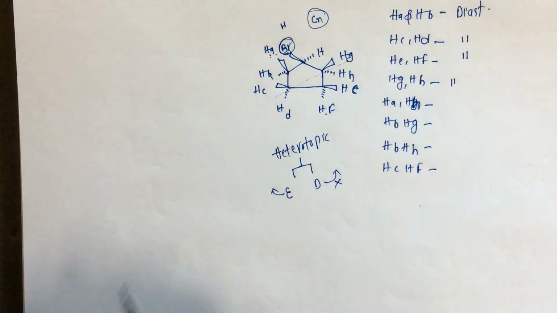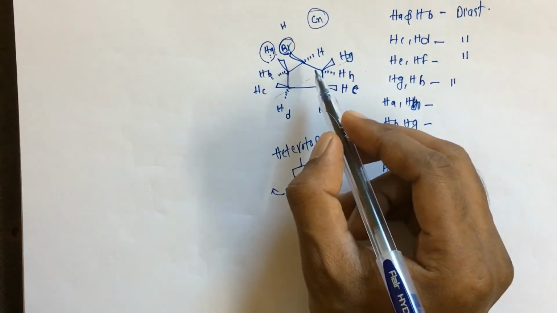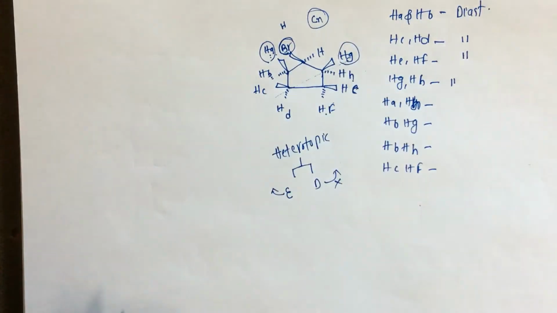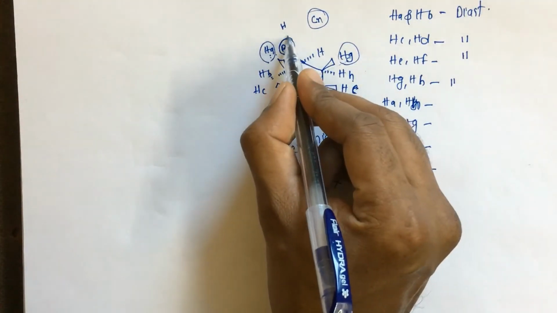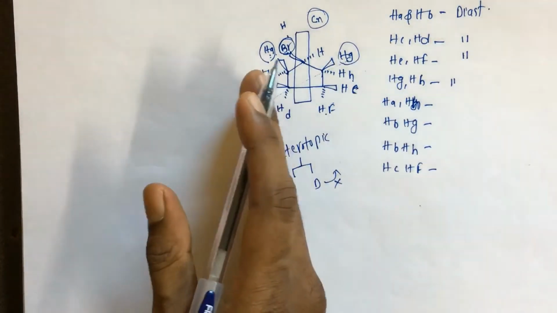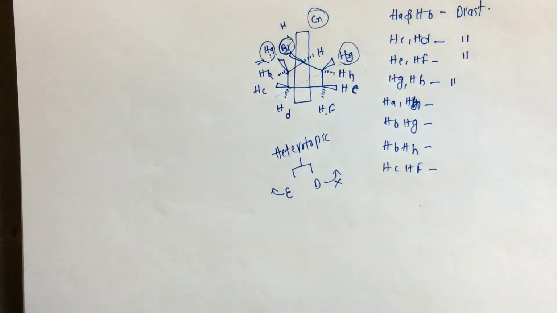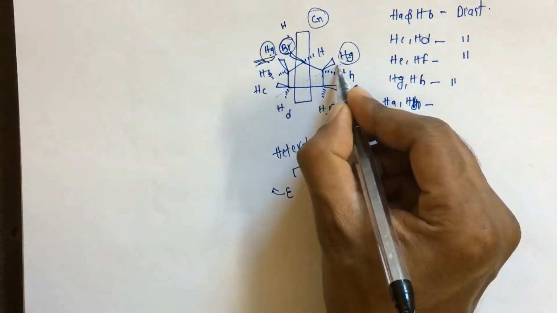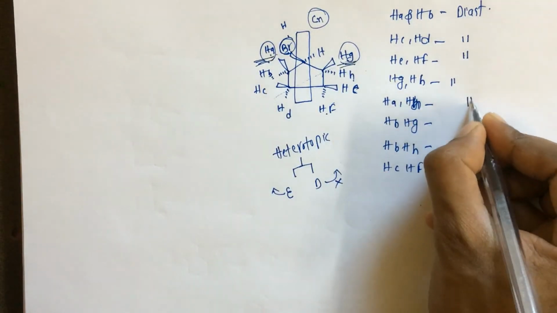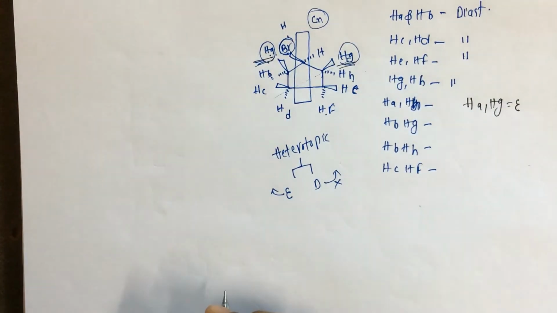Now we have to identify the relationship between Ha and Hg. When you are talking about Ha and Hg, I pass a plane like this, and here we are getting two equivalent halves, right? So Ha and Hg have an enantiotopic relationship.